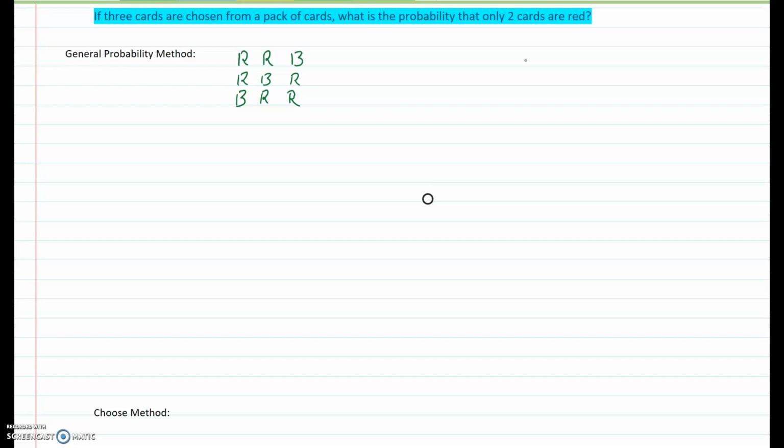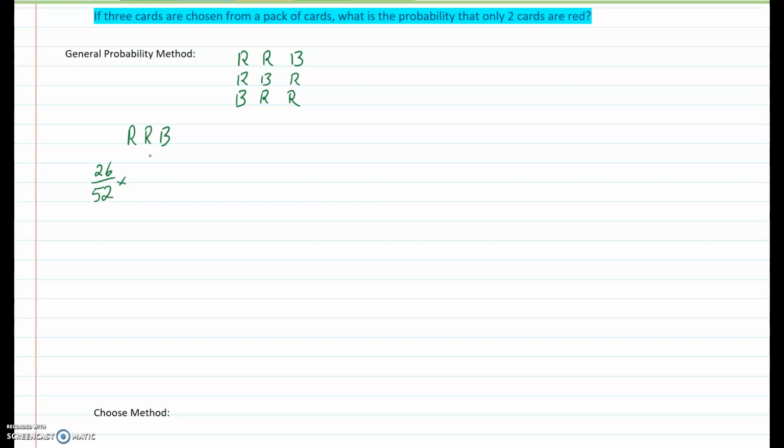I'll start this over here. So the first one here, red, red, and black. The probability of getting a red as my first card is going to be 26 out of 52. So 52 cards there.